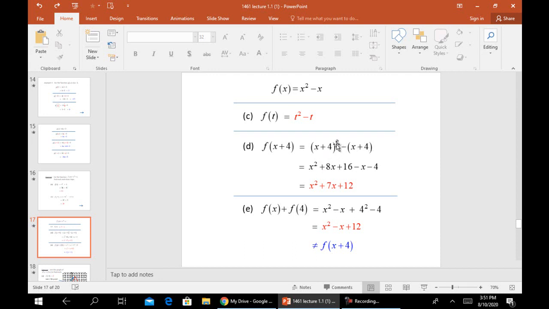Now if you expand (x plus 4) squared, that is, you multiply x plus 4 with x plus 4, you're going to get x squared plus 8x plus 16. And then I have minus x minus 4, so that's going to be x squared plus 7x plus 12.